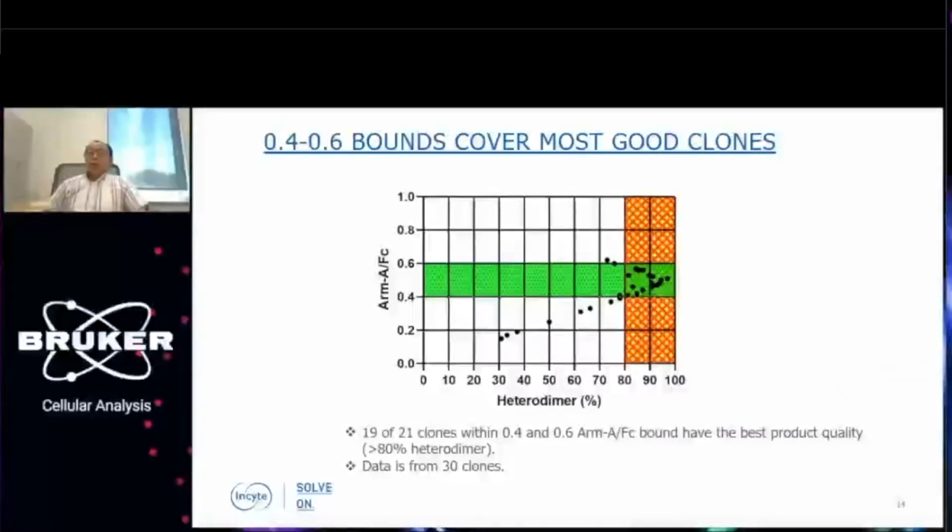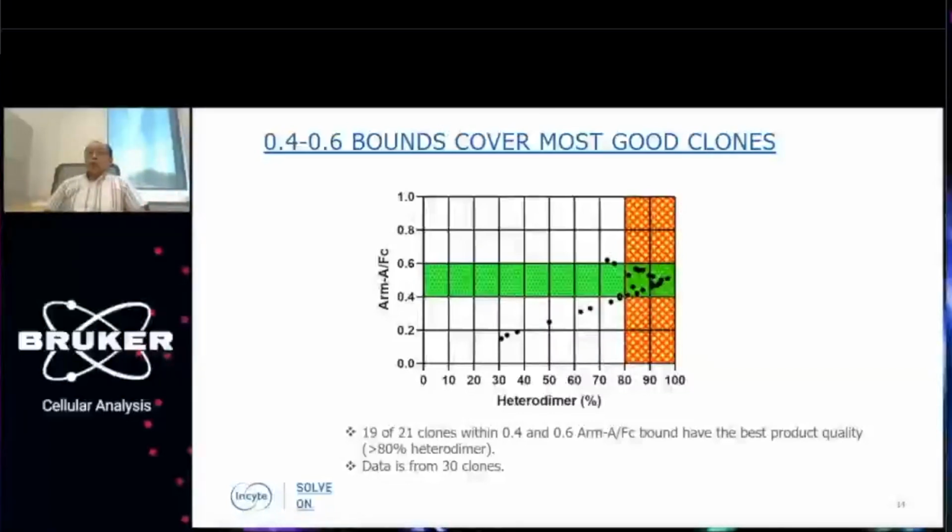We have 3 clones with quantity data. We calculate the MA to FC ratio and plot this ratio against heterodimer percentage. We found that 19 of 21 clones within this port 4 to port 6 bound have the best product quality.